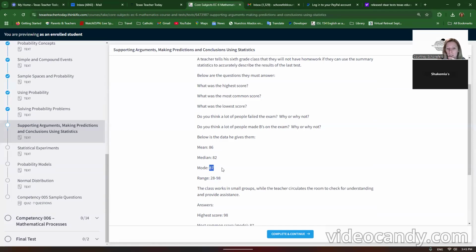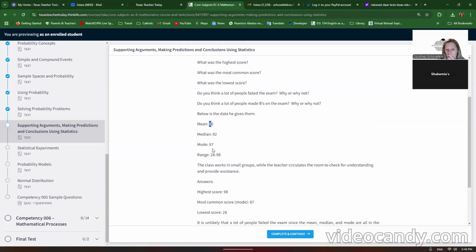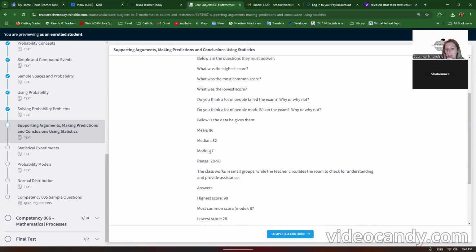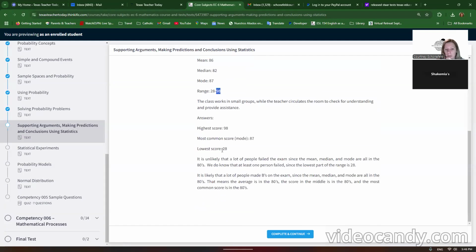The most common score was 87, right? Several people got 87. The number in the middle was 82, and the overall average was 86, right? So if we know that, we know almost everybody got B's, because the mean, median, and mode are all in the 80s. So not very many people got really low scores, and not a lot of people got really high A's either. It was all mostly between 82 and 87.